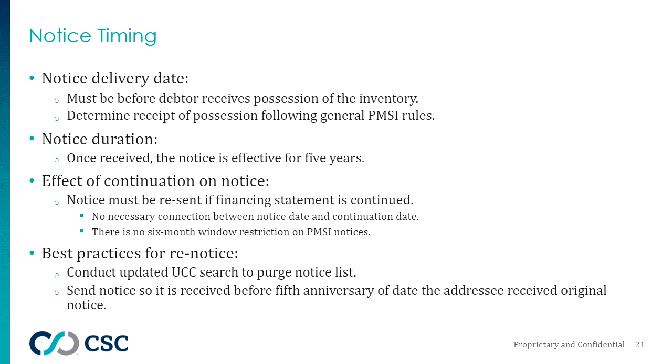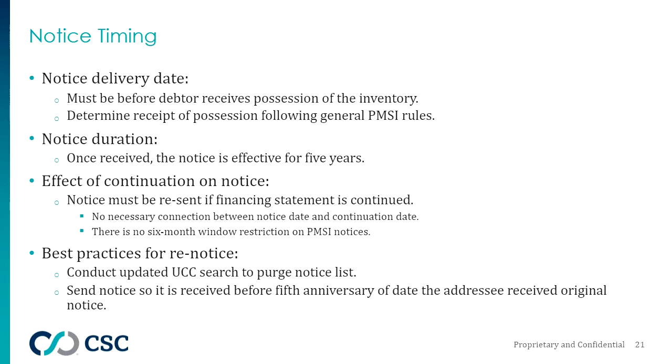And then make sure to send the notice so that it is received before the 5th anniversary of the date the addressee received the original notice or the last notice. And, again, obtain proof of delivery, because the secured party is going to have to prove that they did, in fact, get it to the recipient in a timely manner.